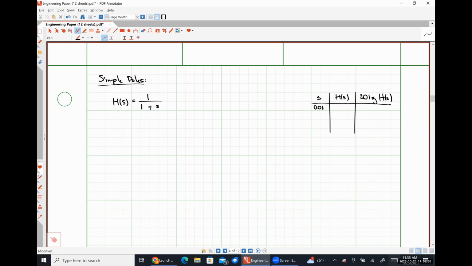If I put 0.01 into my expression for H of s, I find I have 1 over 101 over 100, which is just 100 over 101. Let me write that down. In decibels, this is negative 0.086 dB, which I'm going to be lazy and call about 0 decibels.